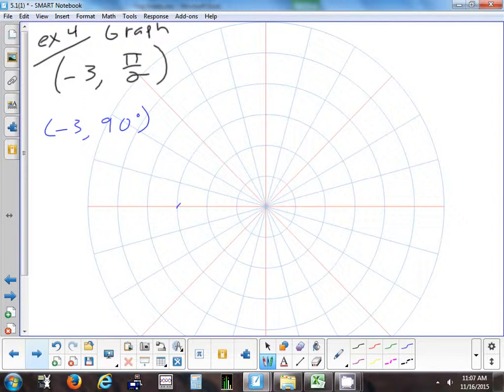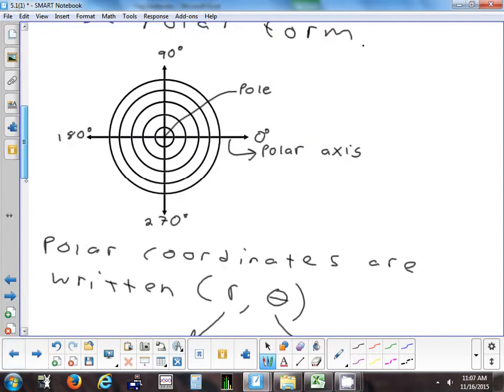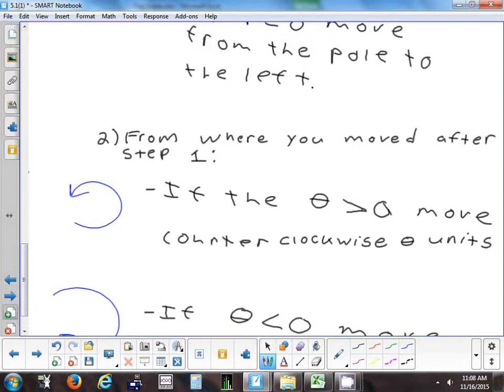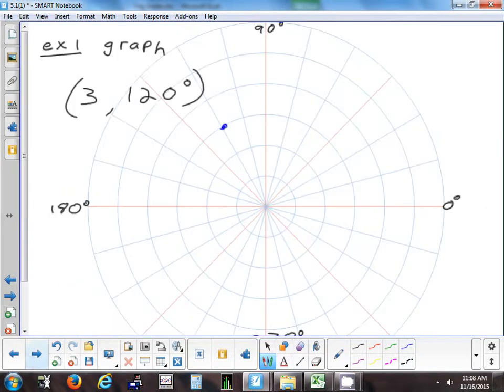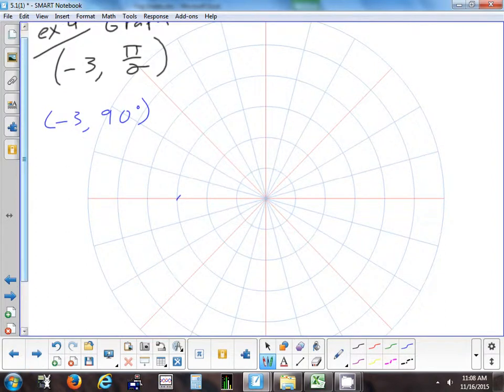And now from that spot, you move 90 degrees, counterclockwise. So where's that going to put me if I go 90 degrees counterclockwise from that spot? It's going down. And where do I stop? Basically where 270 would be.